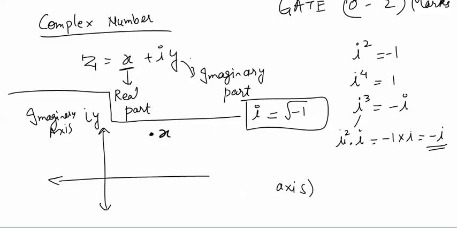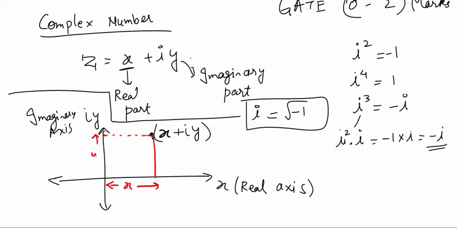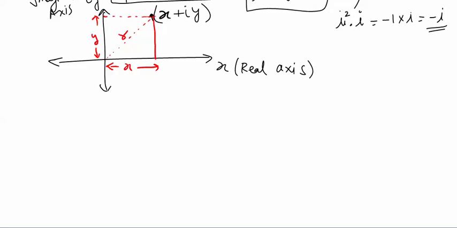Now if you want to understand this x plus iota y, this is x and this one is y. Now if I want to find this, let's say r, can I say this is x square plus y square? It's the Pythagoras theorem. So r is nothing but the square root of x square plus y square.